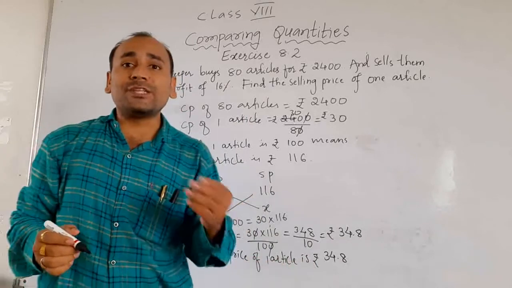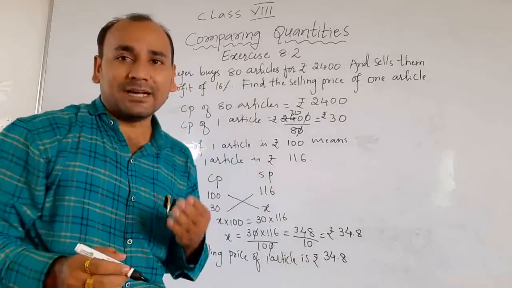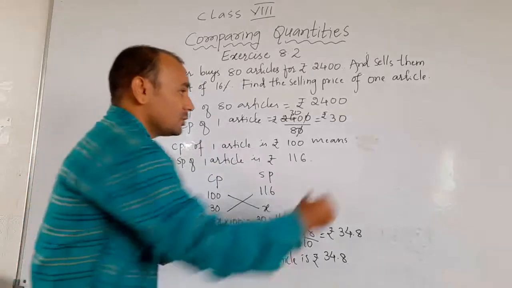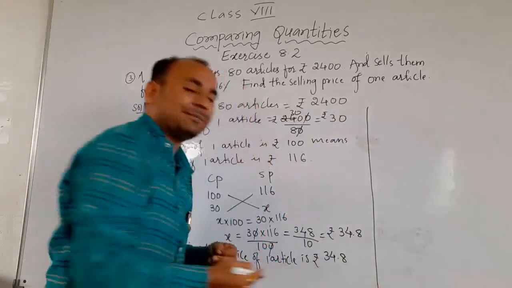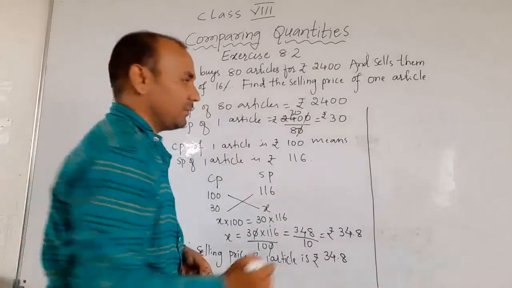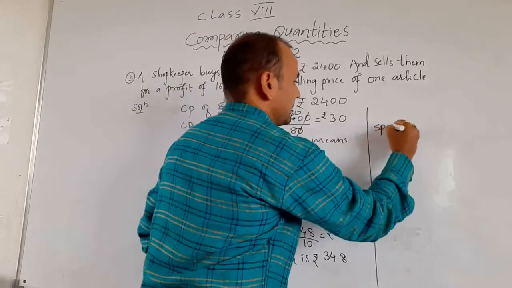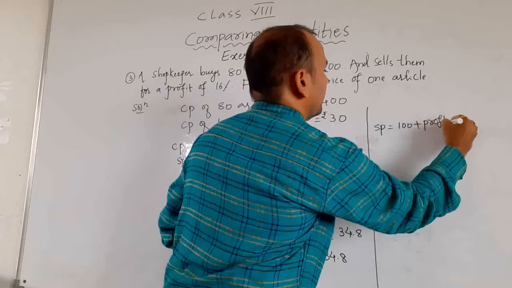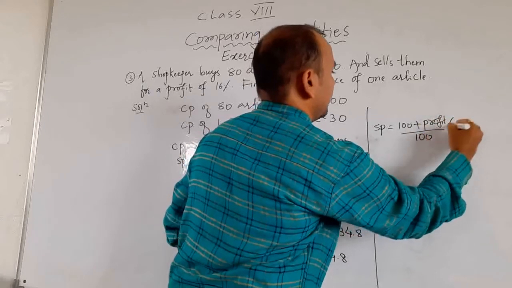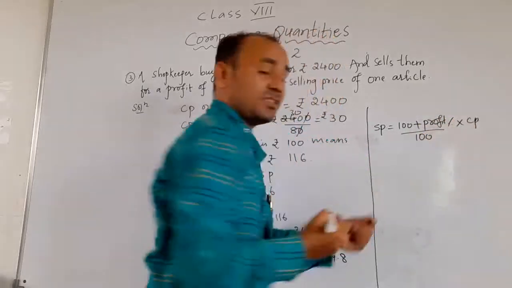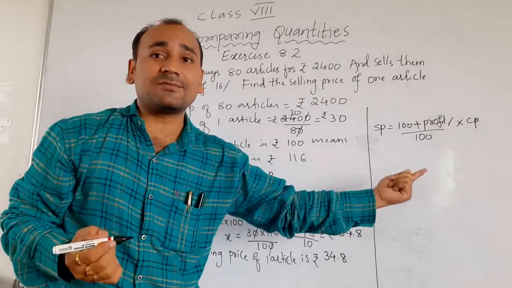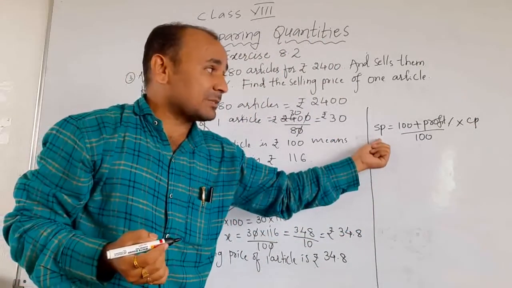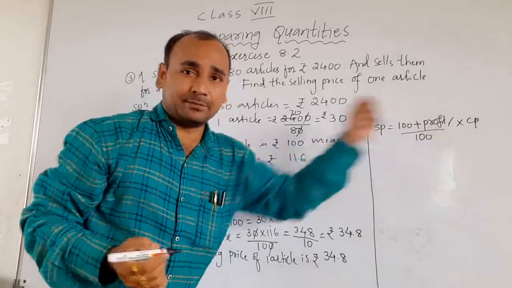Let me show you with the formula method how it can be done. With the formula, the selling price can be identified by taking one formula. That formula is SP is equal to (100 plus profit percent) divided by 100 into CP. So this is the formula to identify SP when profit percent has been given.